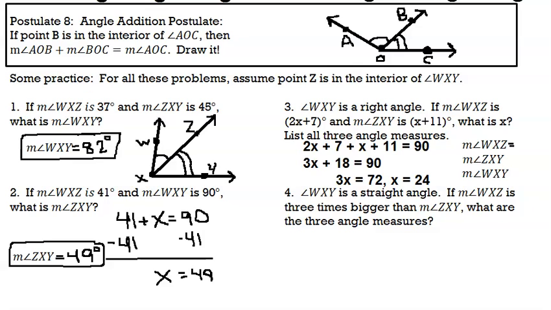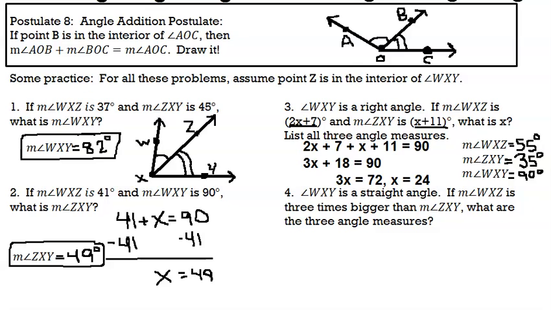X is 24. 2 times 24 is 48, plus 7 is 55 degrees. ZXY, we plug in 24 again. 24 plus 11 is 35 degrees. And then we already knew that WXY was a right angle, so that would be 90 degrees.